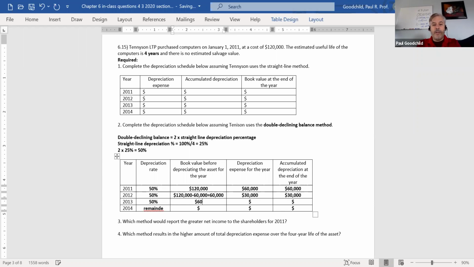My book value here, 60,000 minus 30,000 gives us 30,000 book value. So 50% of that, 15,000.